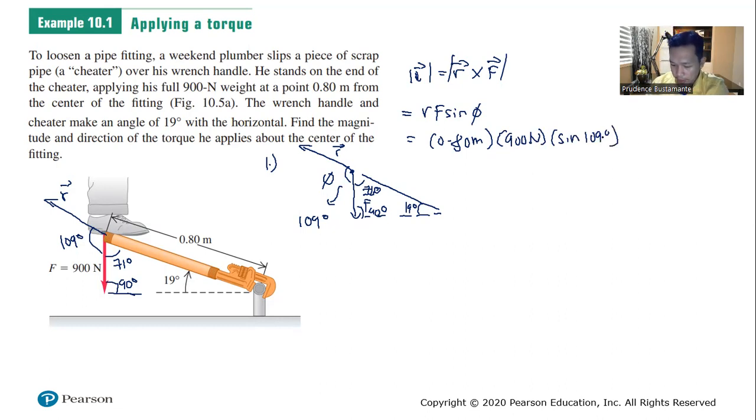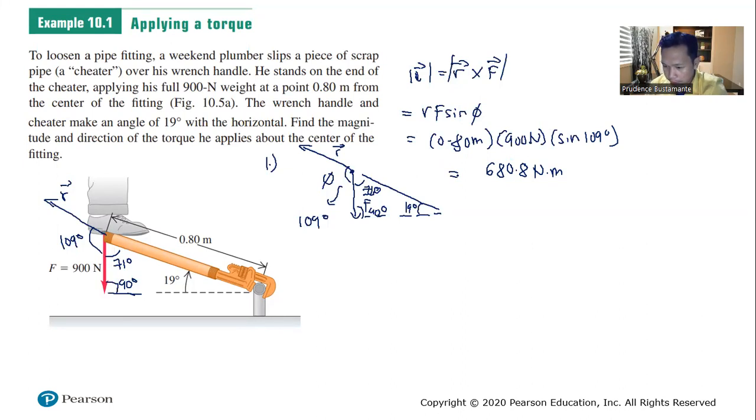You try this in your calculator: 0.80 times 900 times sine 109. So you have 680.8 Newton meter. So this is your answer.